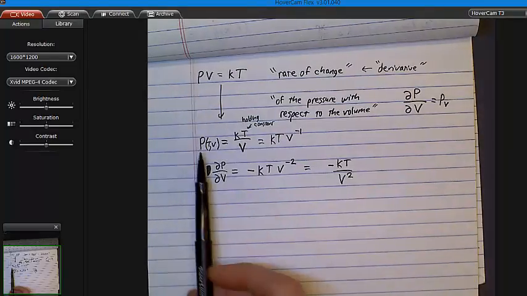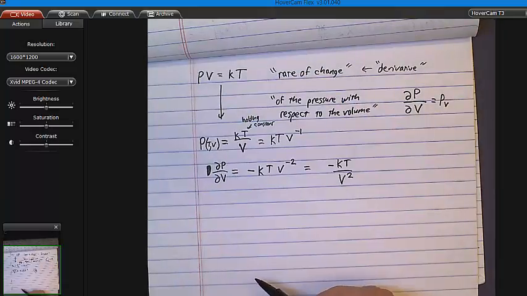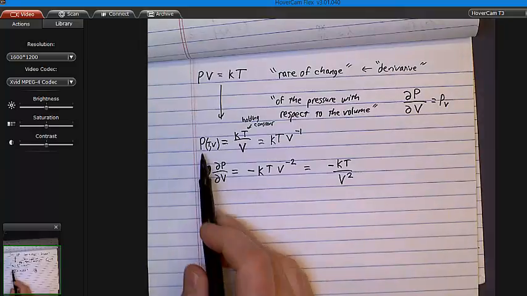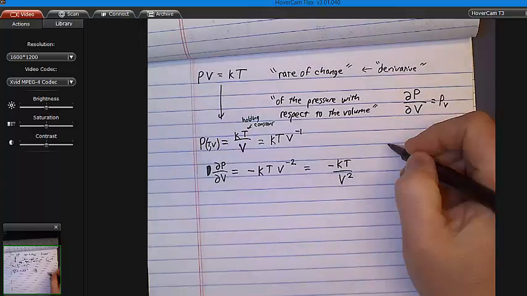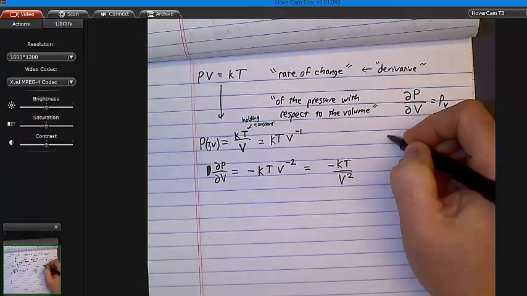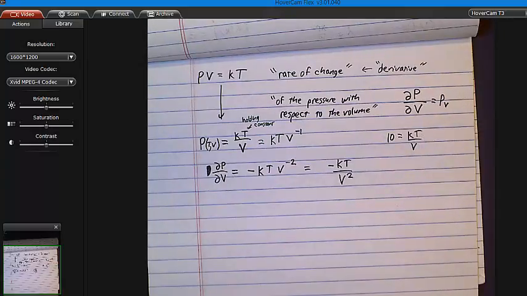Again, we had to solve for pressure. So pressure equals K times T over V. So give me a pressure. 10. Nice job, guys. So I can say 10 equals K times T over V. And I can ask you, what does that look like?